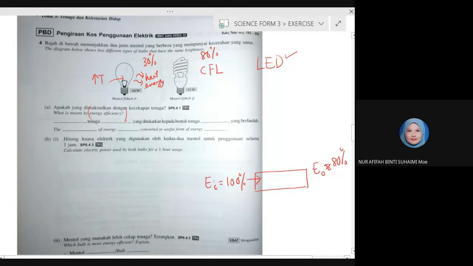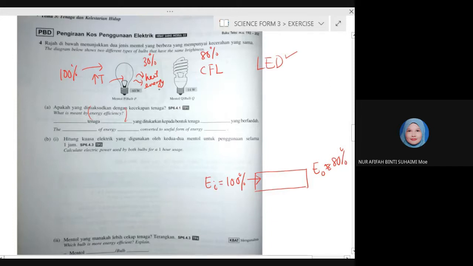If you provide 100% input energy to this bulb, it will only produce 30% output energy, because 70% is lost as heat energy.